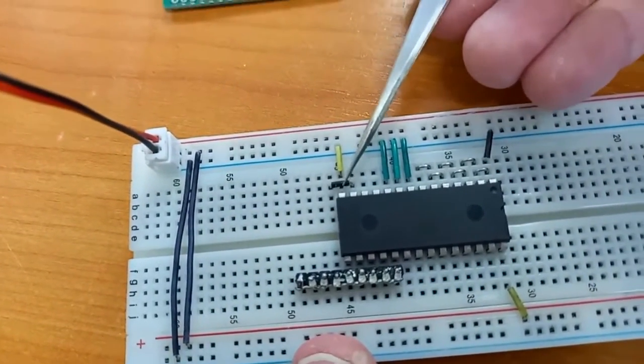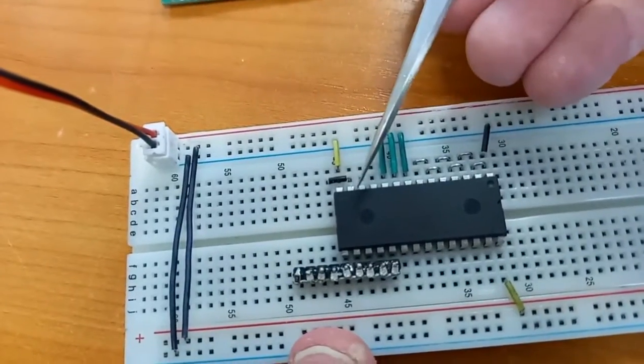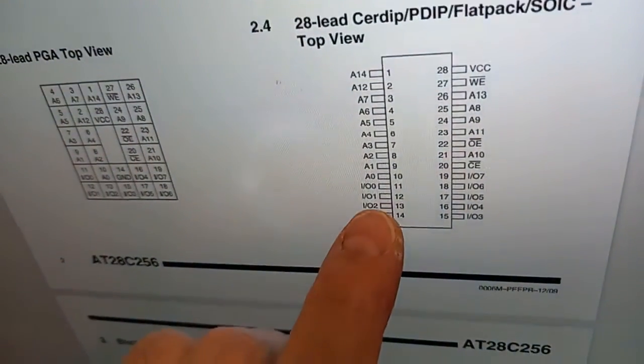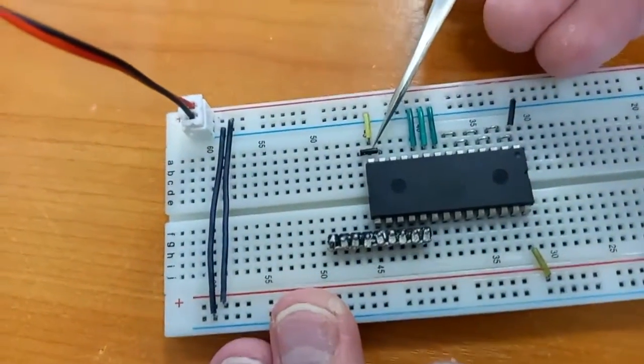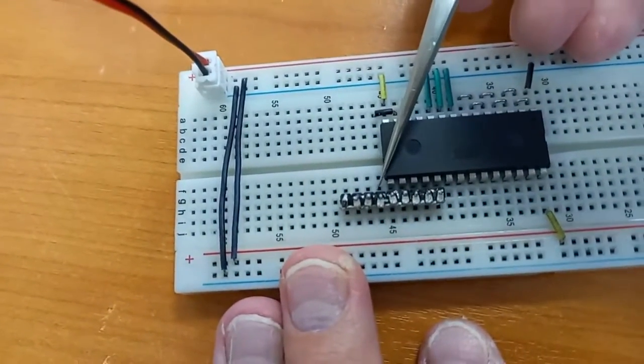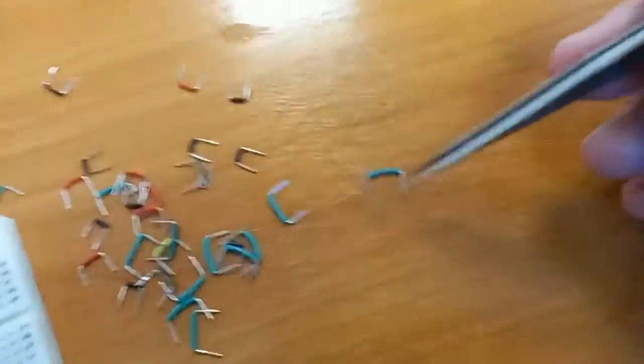Just like this. So now this D2, or IO2, is connected with this strip, and from this strip we will take a bridge to the diode.